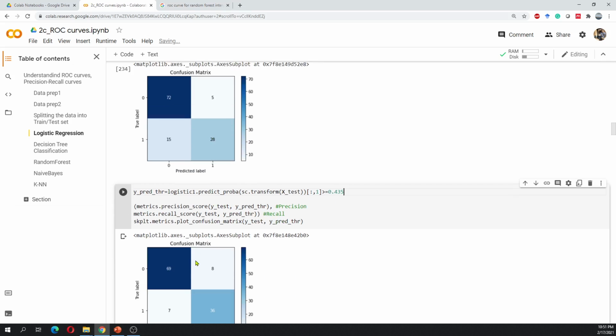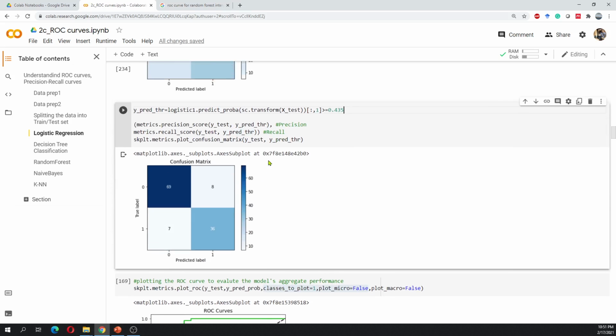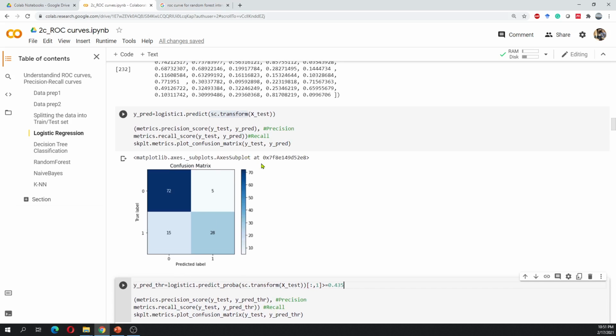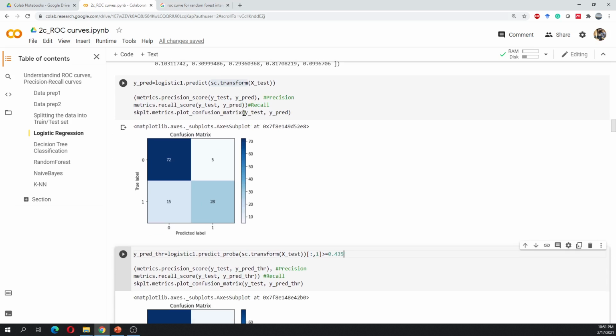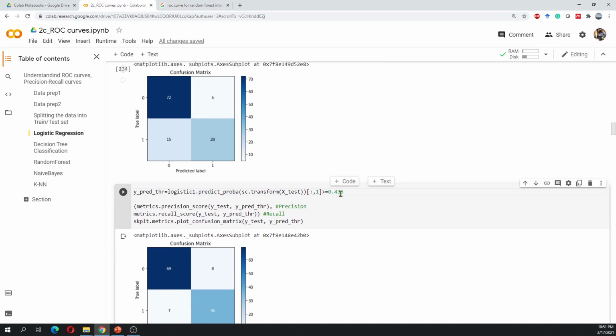Yes, it does look different, right? And let us also do the precision recall. It's not showing it, which is fine, we're going to print them separately. But you can see the confusion matrix for when we choose this threshold.